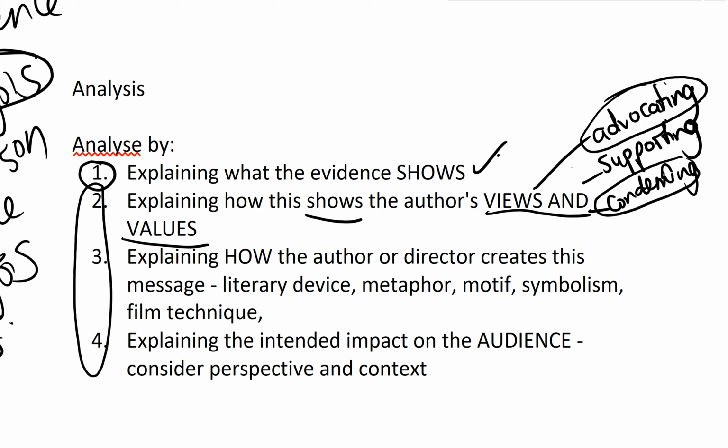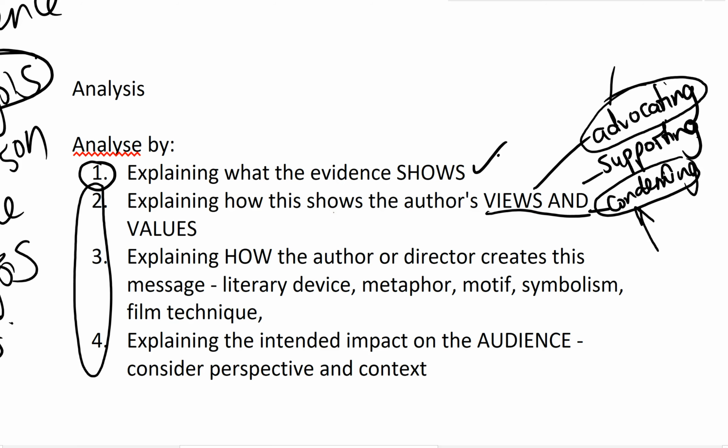So he was advocating the quality of loyalty to one's king, but condemning the corruption and ambition at all costs, for example. So we can link to those after we have used our examples. We can analyze by explaining the views and values.